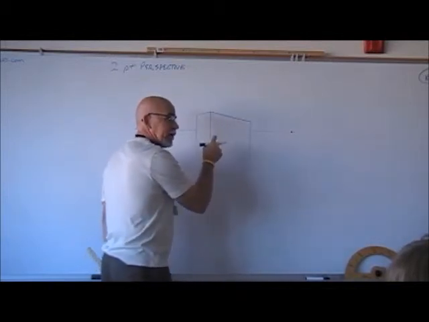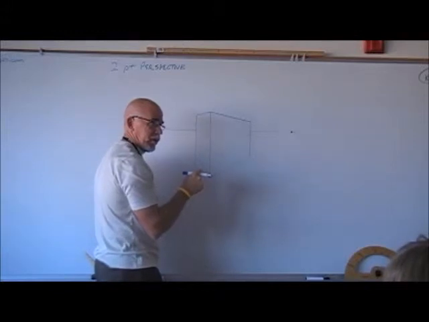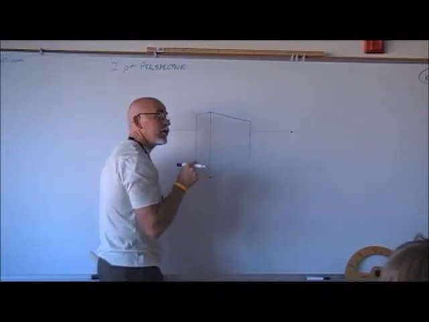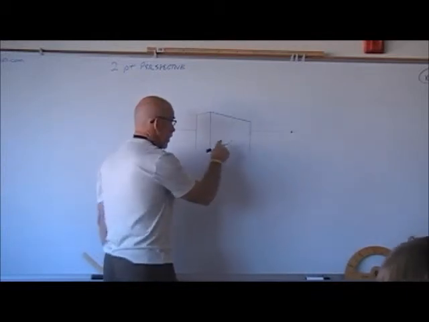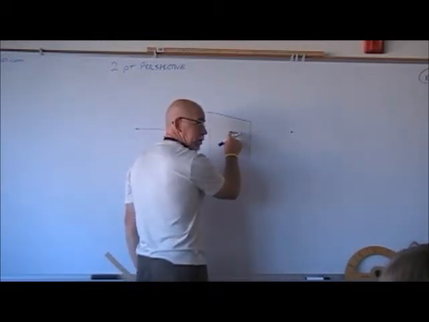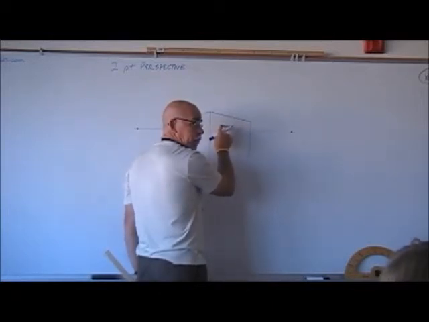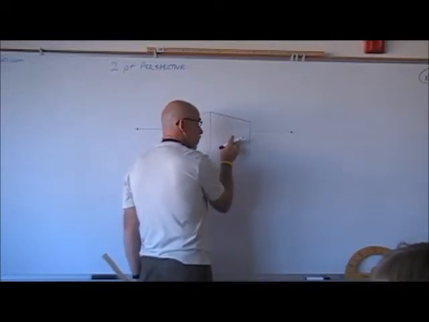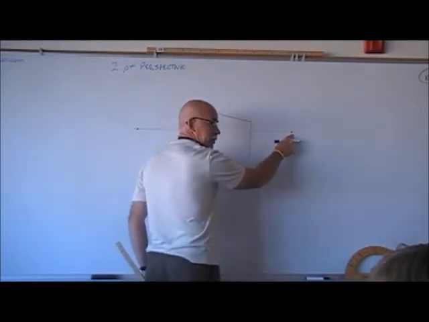Where would those lines vanish to? Any horizontal line, like windows. If you put windows in your building and they're all parallel with each other, they're all horizontal, the top part of that window, if it's on this part of the building, is going to vanish to that point. You feeling me on this?